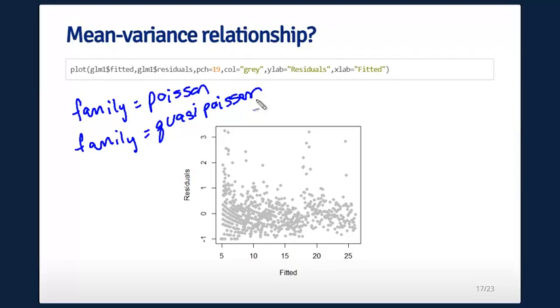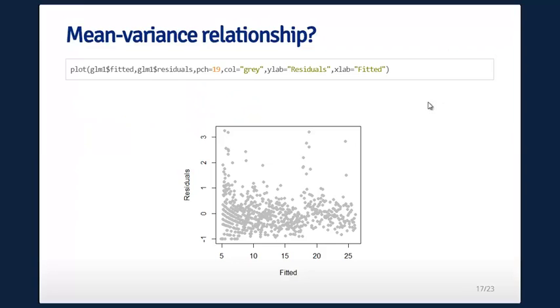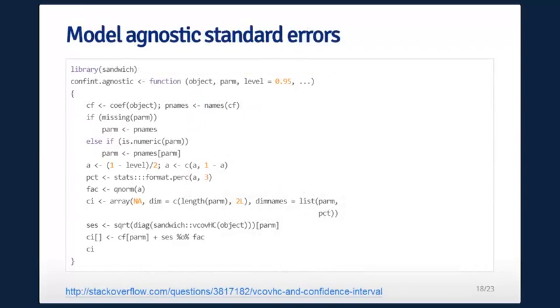It's not 100% clear that would work in this case, but a general thing that you can do in statistics is to get these so-called robust standard errors. Jeff found this answer to this question on Stack Overflow, where you can use these so-called sandwich variance estimates and get a confidence interval that uses these so-called model agnostic standard errors.